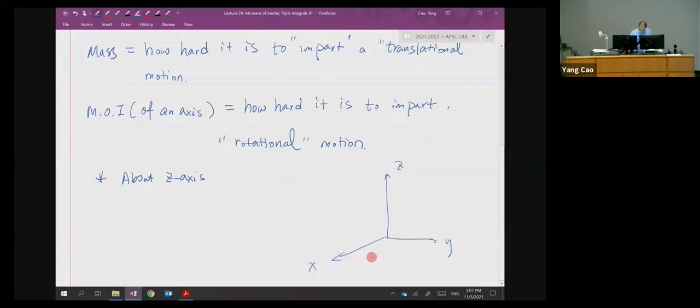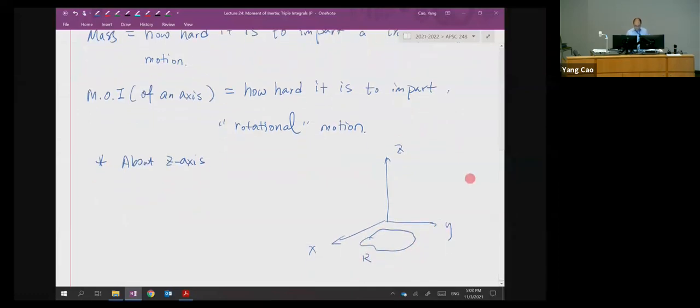Suppose you have a region R, a very thin plate, and you're interested in the moment of inertia of this region R, which is an area, about the z-axis. You're trying to rotate this region R around the z-axis, and you want to find the moment of inertia.